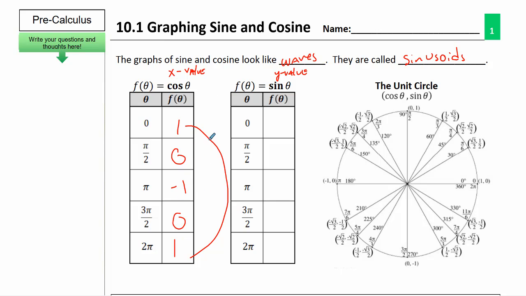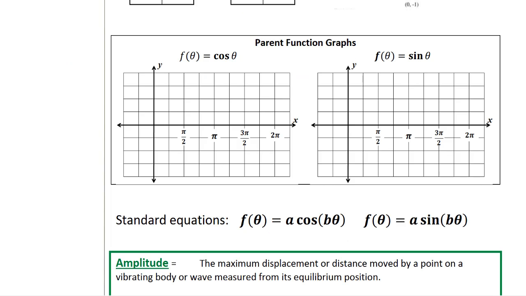So let's use what we just did to graph it now. We know that the cosine of 0 is 1. It also said that the cosine of 2 pi is 1.